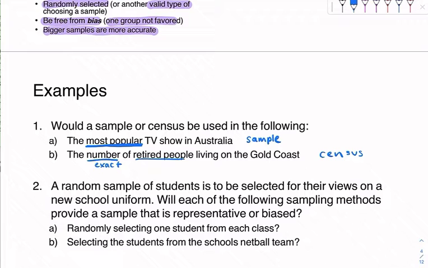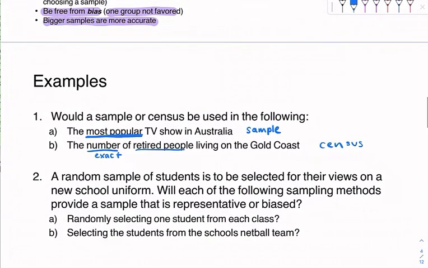And they might need exact numbers because they're looking at building more retirement homes or something like that. So the more exact we can be, we would need exact information there, so we would need to use a census in that case.